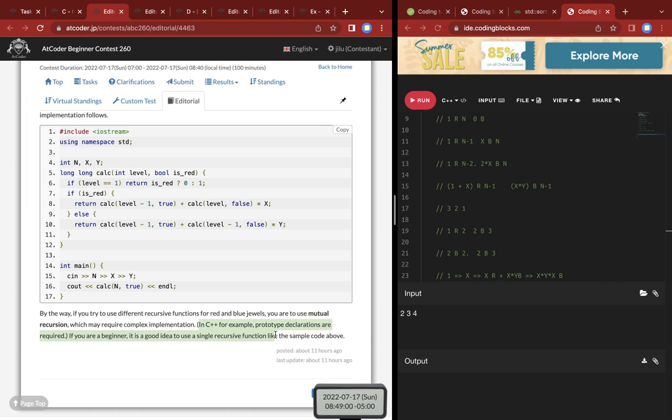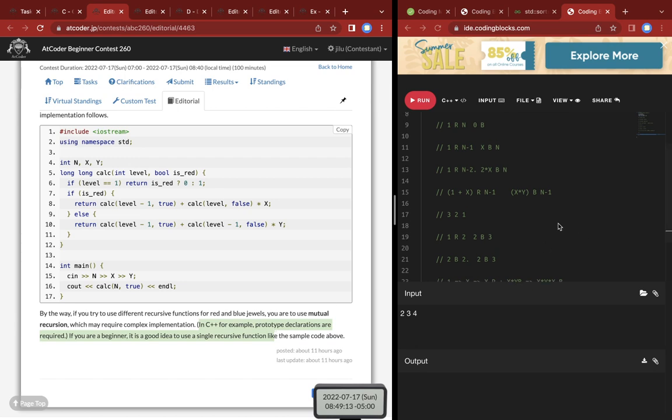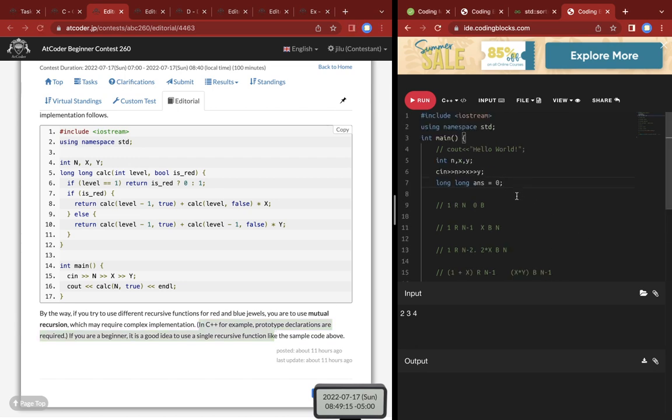But how would we write that? That would look like, let's write that one maybe. So that would return an integer, and it's for, let's say, calculate blue, right? We would pass the level.